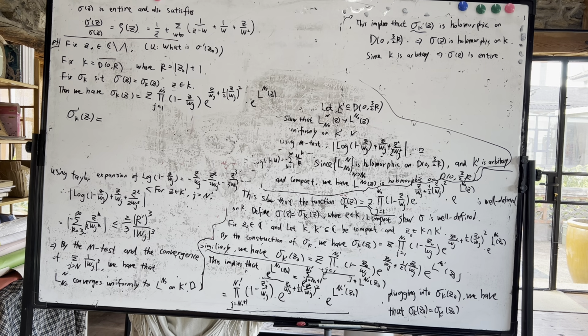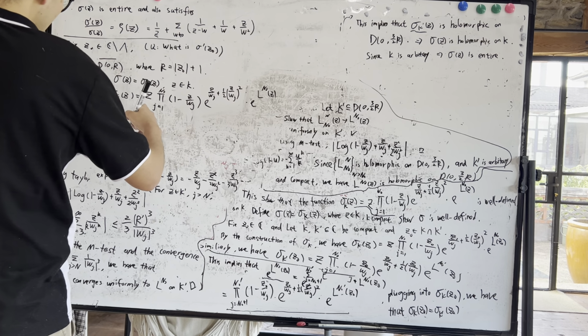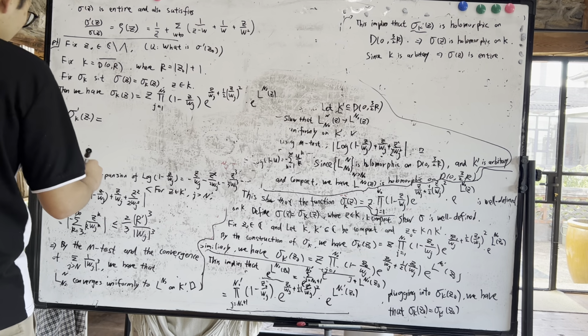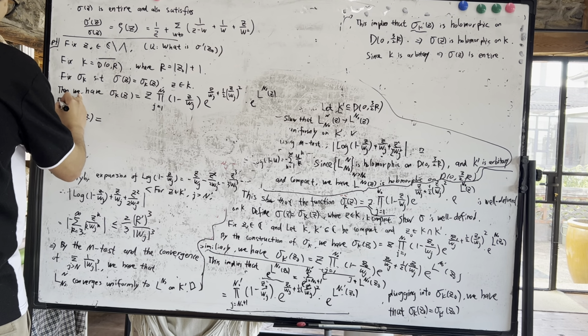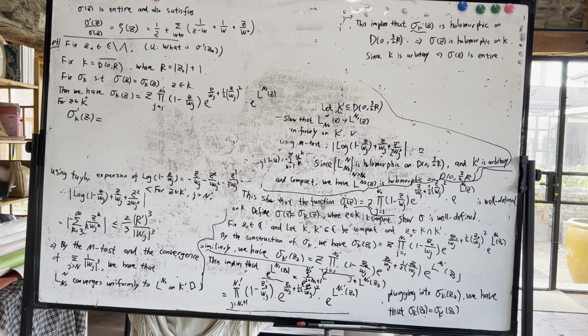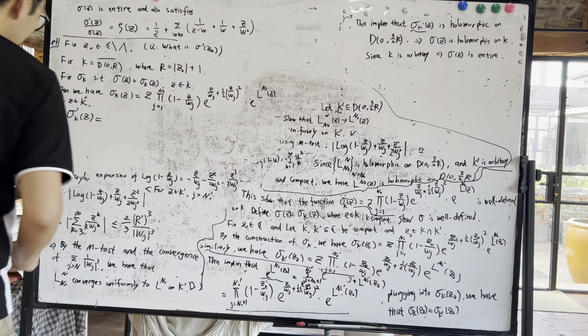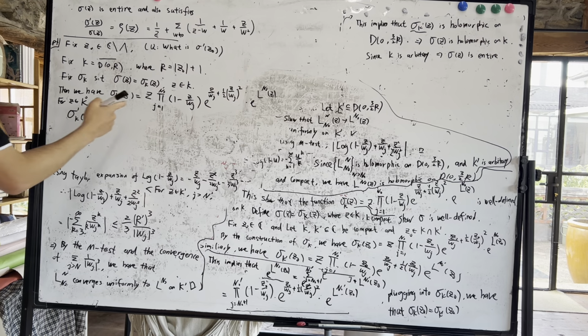So maybe let's say k equal to, so for z in this k interior, because let's be strict. So let's apply the product rule.